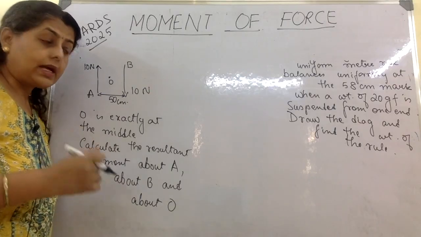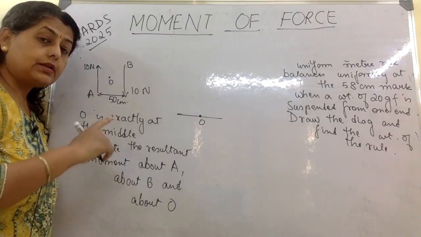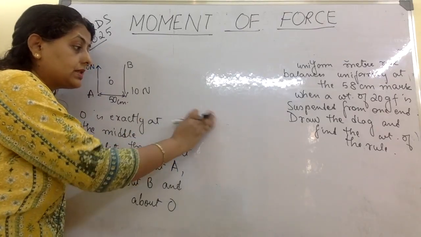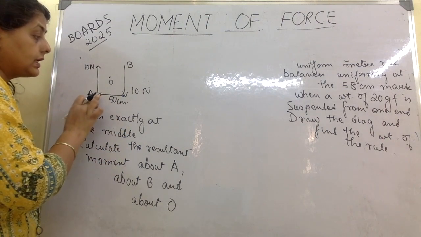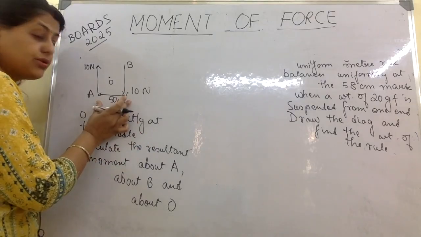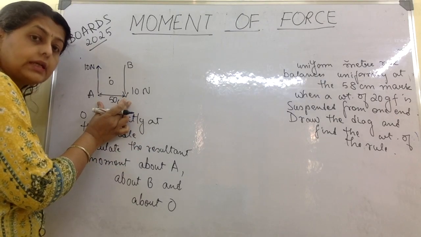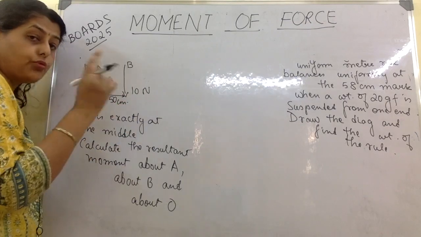If you do that in a uniform meter rule, the pivot is at the center. But here for a couple, what happens is the distance becomes the distance between the two forces, according to moment of a couple.